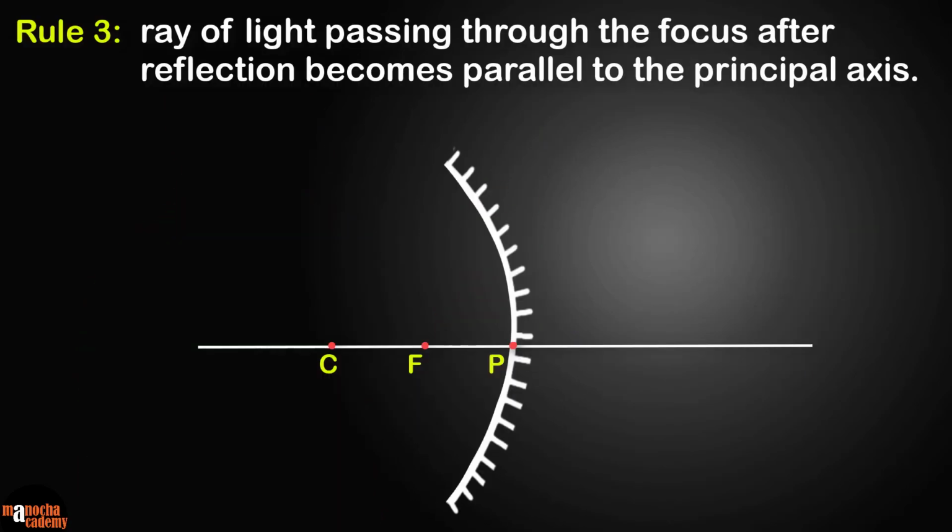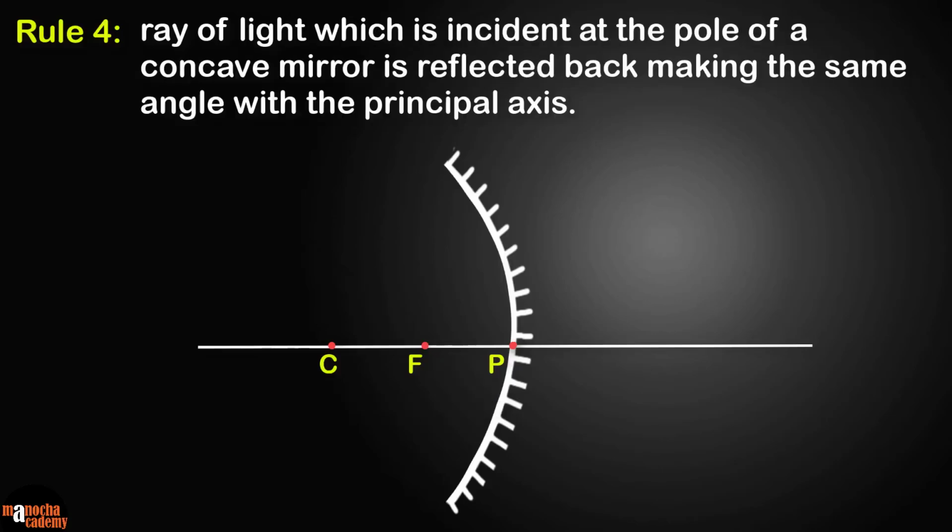Rule 3. A ray of light passing through the focus after reflection becomes parallel to the principal axis. Can you see that rule 3 is exactly opposite of rule 1? It's due to reversibility of light. Rule 4.